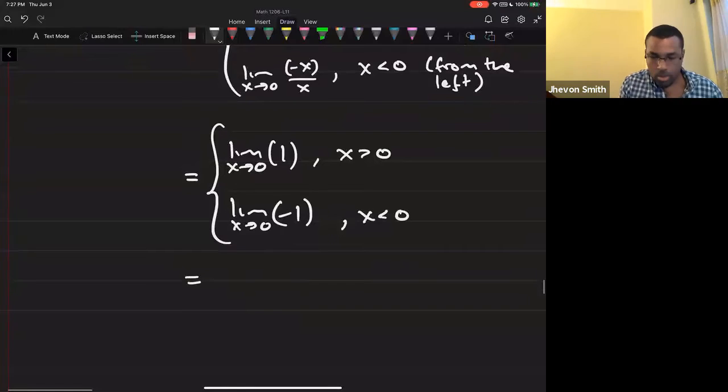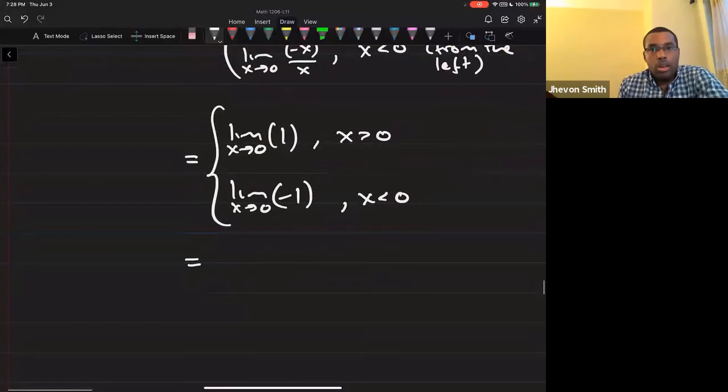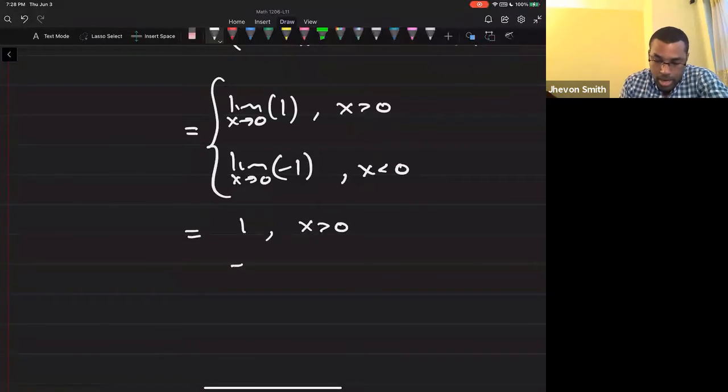So now you would realize that, well, what is the limit as x approaches 0 for 1? Well, you have a function that's y equals 1. As x gets close to 0, what is it going to be equal to? Well, 1. It's always 1. It's a constant function. Limit of a constant is always going to be just a constant. So that's going to be 1 in the event that your x is greater than 0. And it's going to be -1 in the event that your x is less than 0.